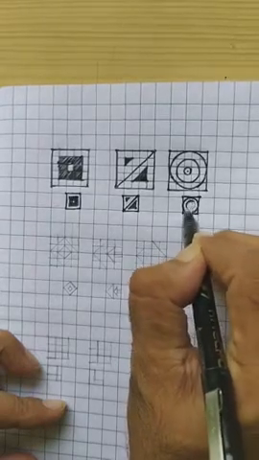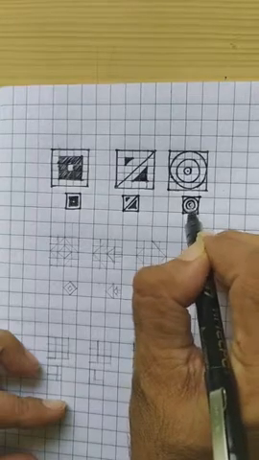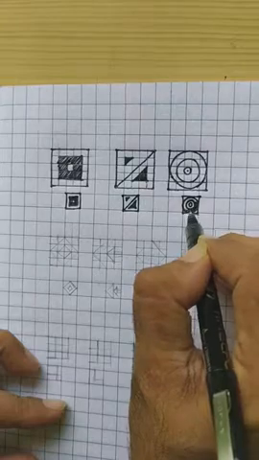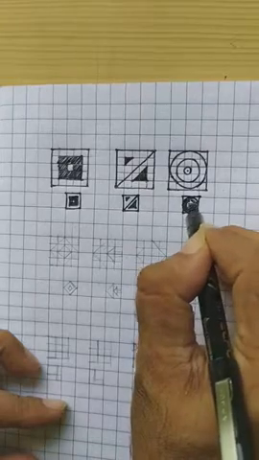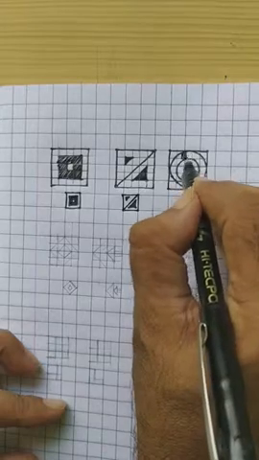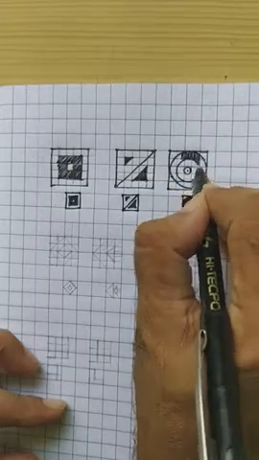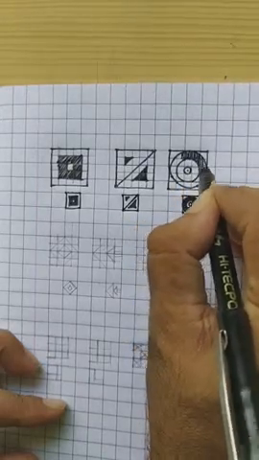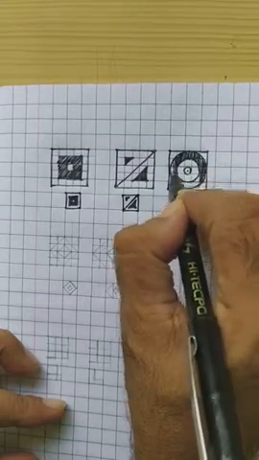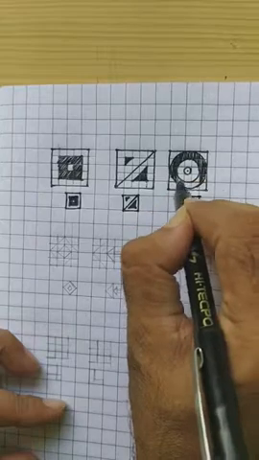Here also you can see, so these things you must be able to do yourself. कि छोटा स्क्वायर हो बड़ा स्क्वायर हो उसमें हम लोगों को ज्योमेट्रिकल शेप्स ड्रॉ करने आने चाहिए.